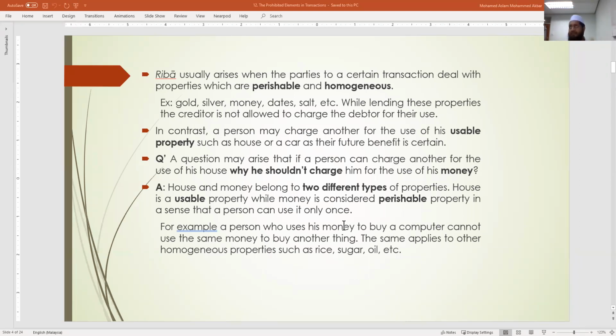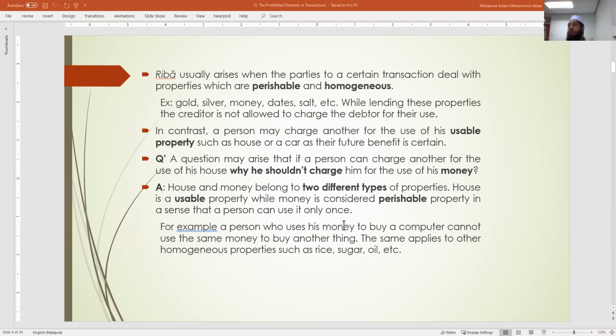But this example is totally in contrast with non-perishable or non-homogeneous products. For example, I give you my phone, my car, my house. Eventually, you will be using my phone, my car, my house.